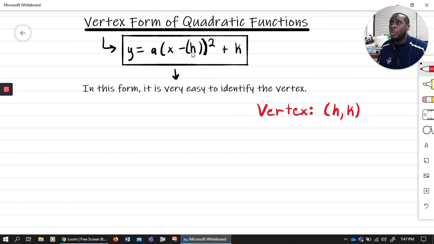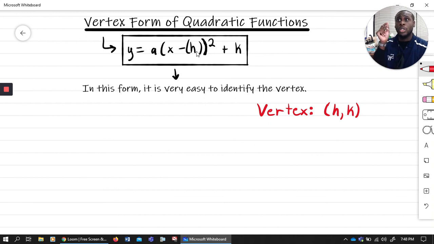And then, when we look at the value for h, which is the x value of the vertex, and we see whatever number is there in the equation, we are going to have to use the opposite sign. So the y value for the vertex, k, is always the exact same value as what you see in the equation.